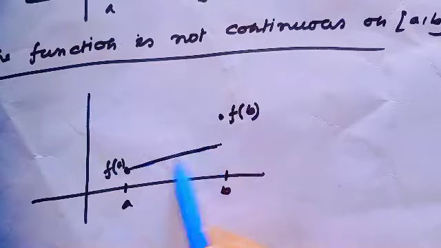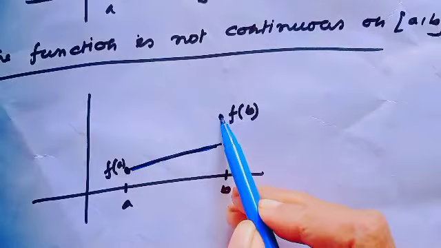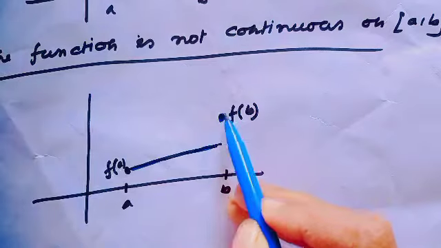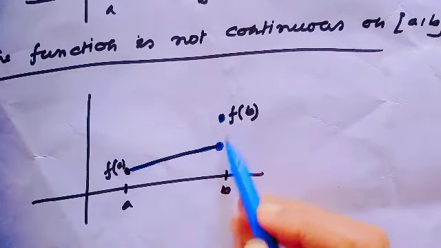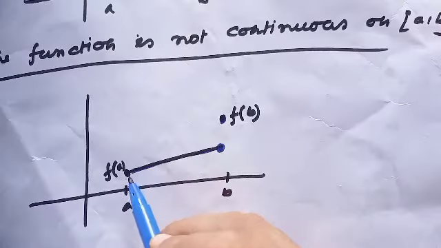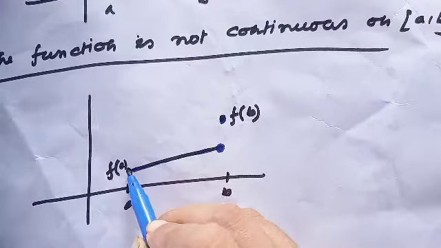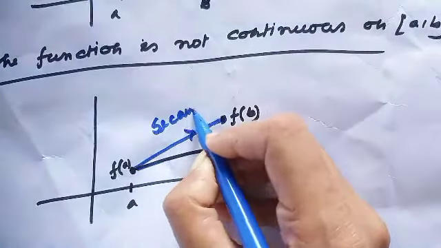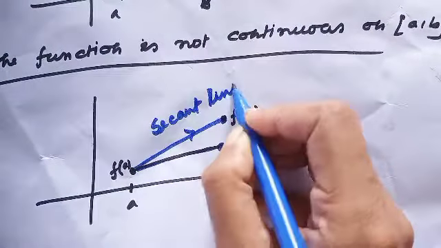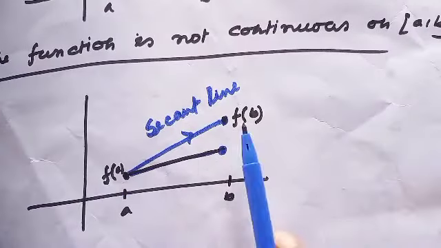This is the graph of the function, and at the point B, the value of f(b) is here, not there. That means there exists a jump discontinuity. At first, draw the secant line. This is the secant line, because the secant line joins the points f(a) and f(b).